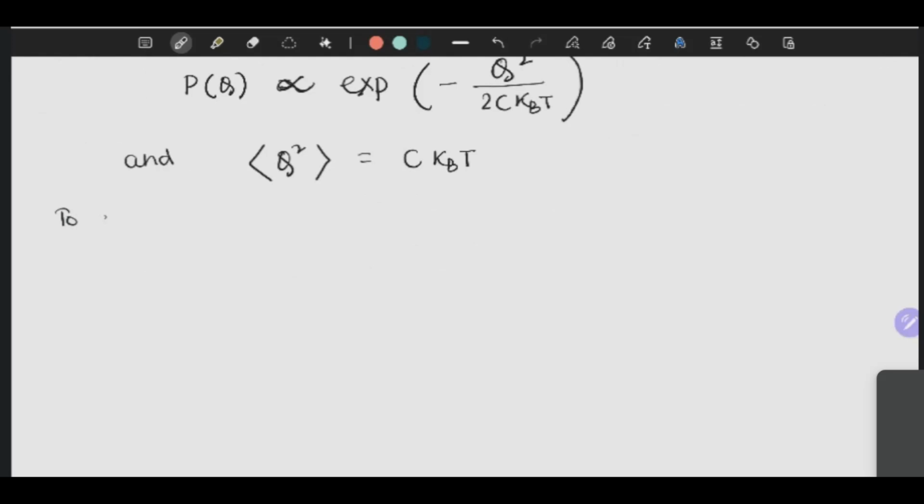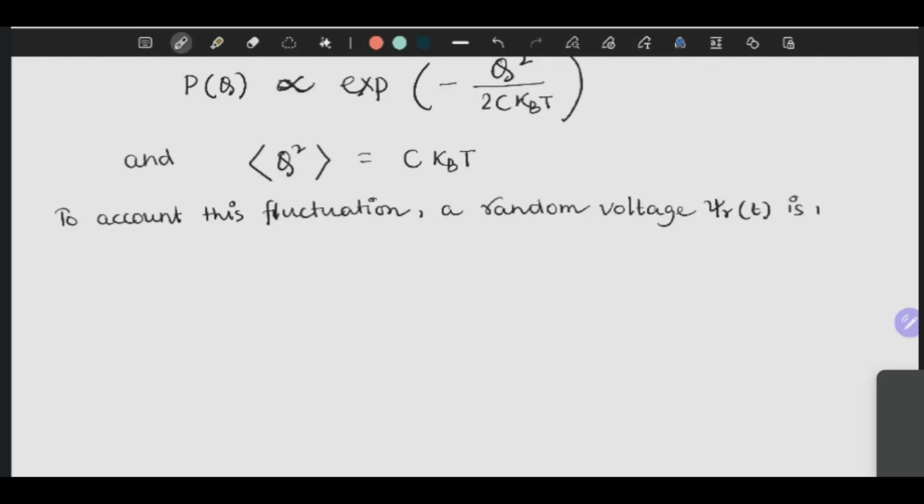To account for this fluctuation, a random voltage which is psi_R(t) is introduced in the equation.